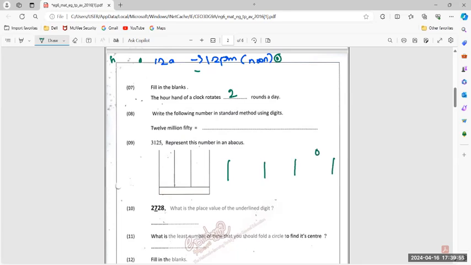Units, thousands, millions, billions. All these have three digits. Each and every period has 3 digits. 1, 2, 3.